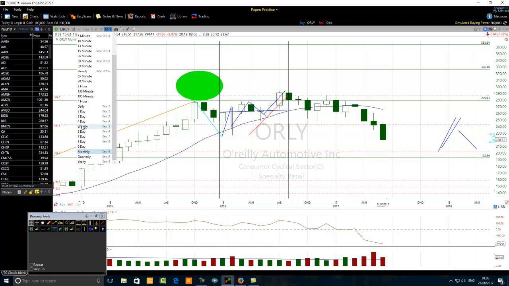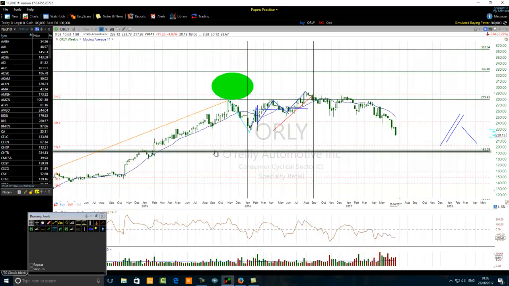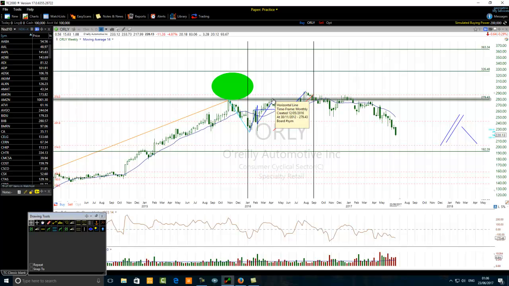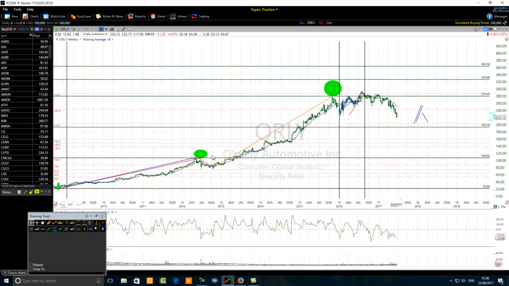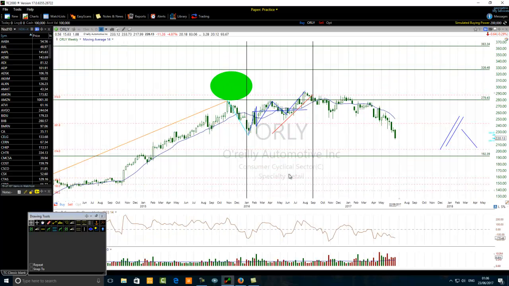Here it is. Do we have a double bottom chart pattern? 1, 2, 3, 1, 2, 3. Now you see that it's becoming a bit complex now, my friend. So 1, 2, 1, 2, 3, 4, 5.